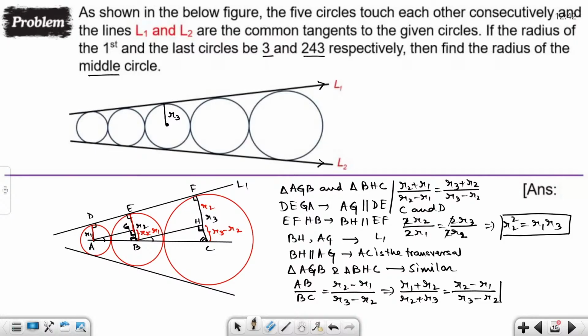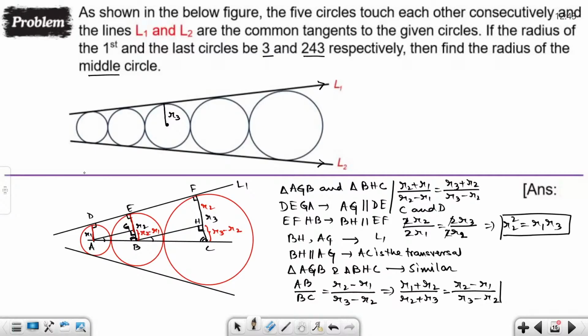What does it mean? It means that these 3 radii R1, R2, R3 are in geometric progression. So naturally, if we take the other 3 circles, we are going to prove the same thing because they are symmetric. The same thing is happening, whatever has happened with these 3 circles.